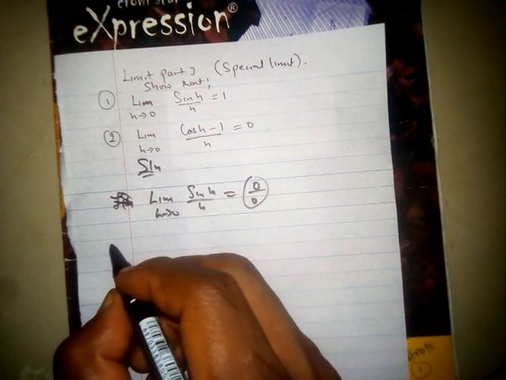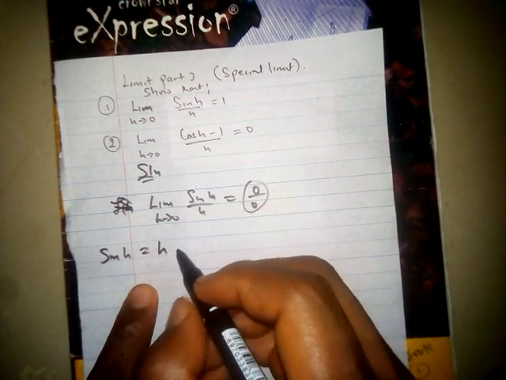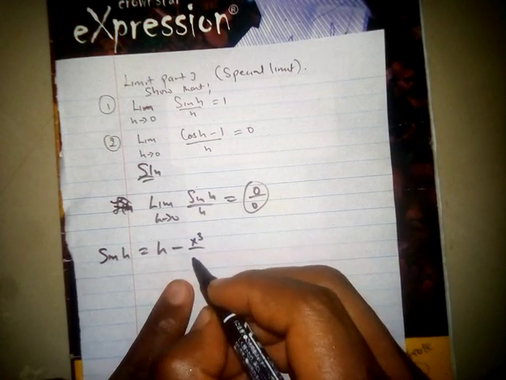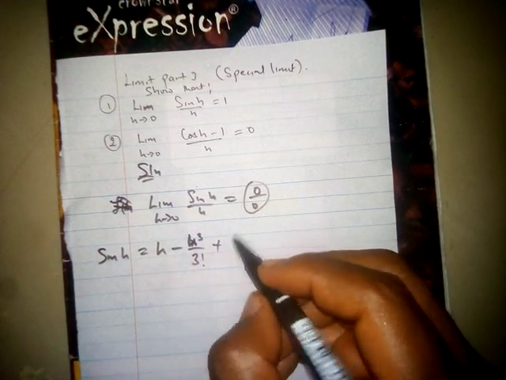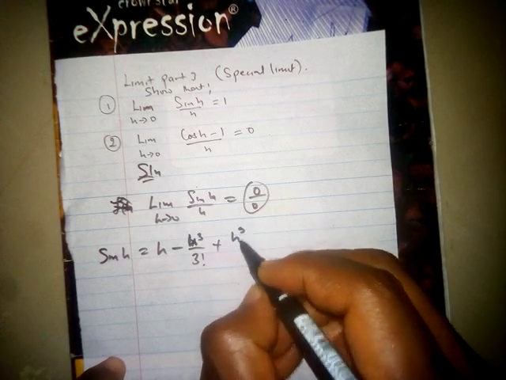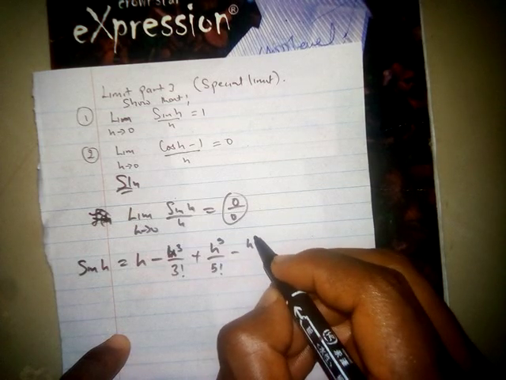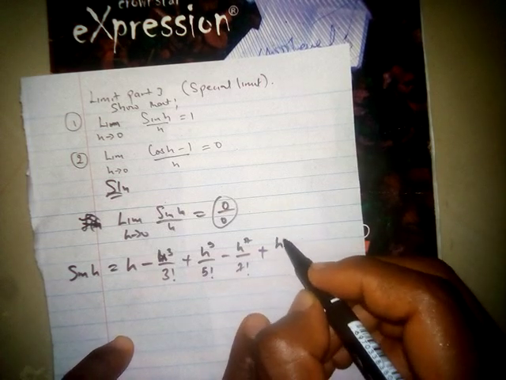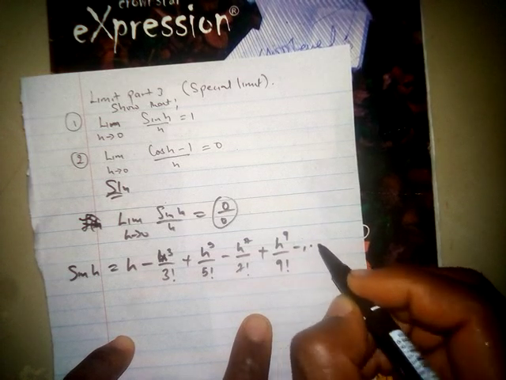In Taylor series expansion, sin h is defined as h minus h cubed over 3 factorial, plus h to the 5 over 5 factorial, minus h to the 7 over 7 factorial, plus h to the 9 over 9 factorial, minus ... and so on and so forth.